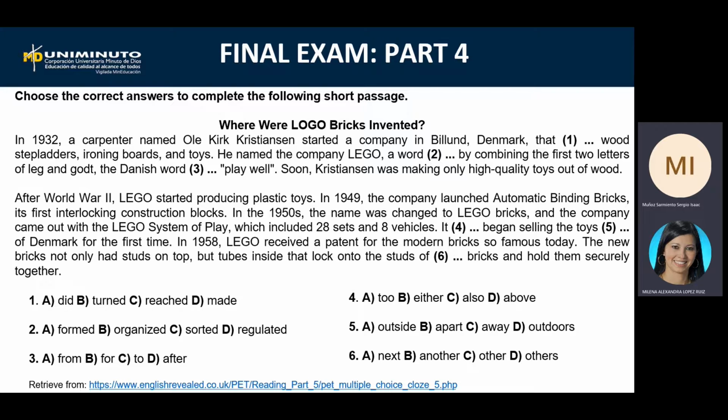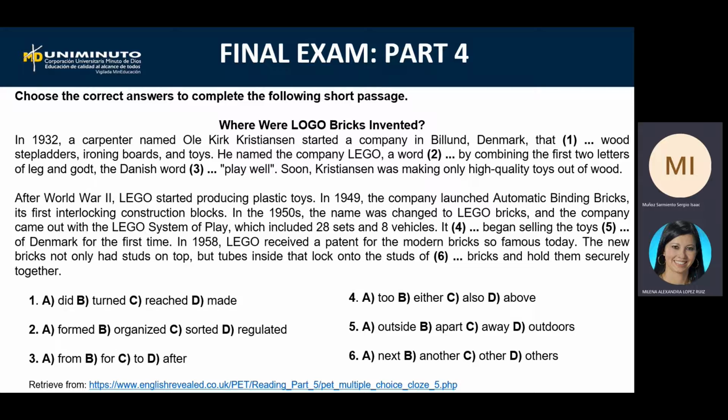Why is next not the answer? Remember, we have the preposition: next to bricks. It has to be with the preposition to, always: next to. Next alone is not possible. So which one is the best answer?